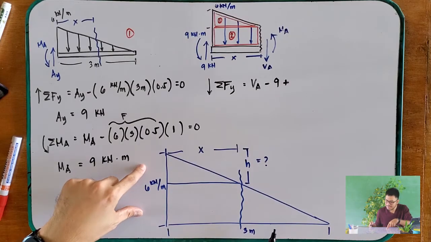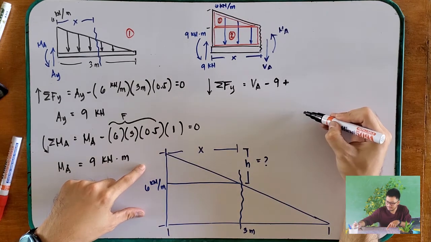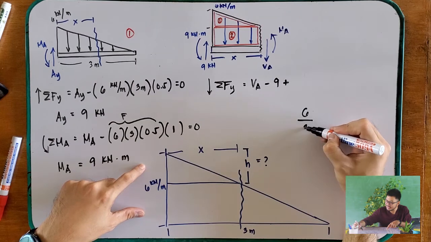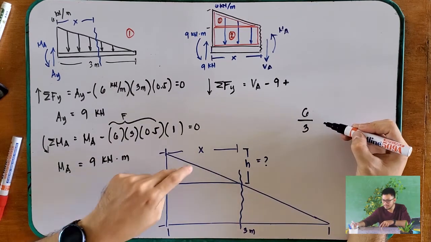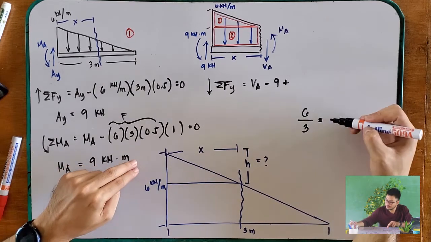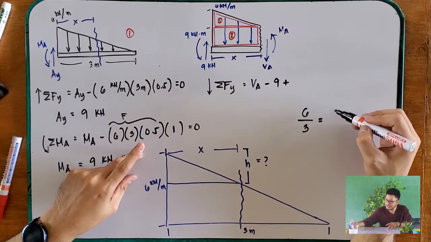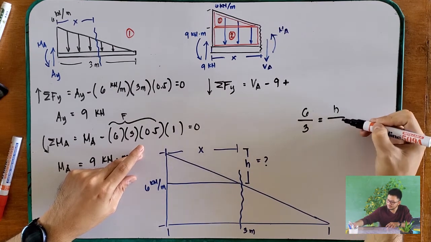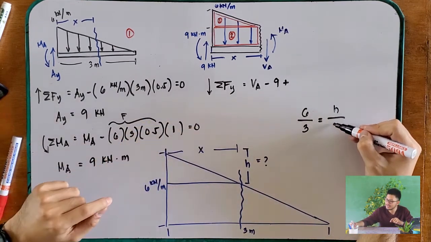So ato ta dito. Una ta sa dako nga triangle. Rise sa dako nga triangle is 6 over run sa imong dako nga triangle is 3. Di ba? And that is equal to the slope of the smaller triangle. And the height of the smaller triangle or the rise of the smaller triangle is h, and the run of the smaller triangle is x.